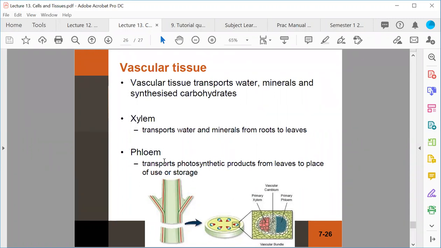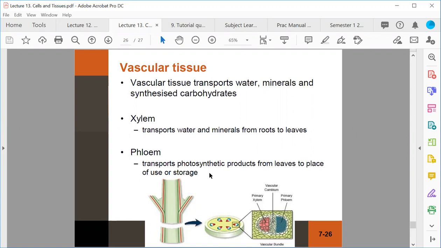And then we have a very closely associated type of tissue called the phloem. This tissue transports photosynthetic products, that is carbohydrates, predominantly from leaves to places of use or storage.